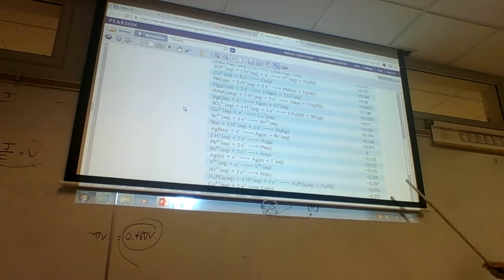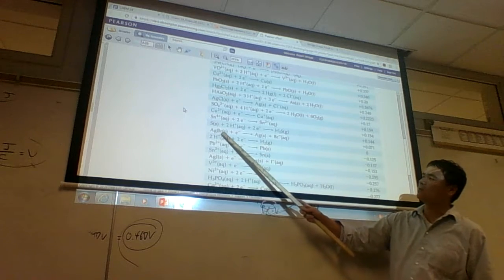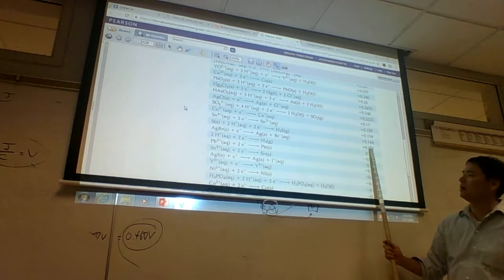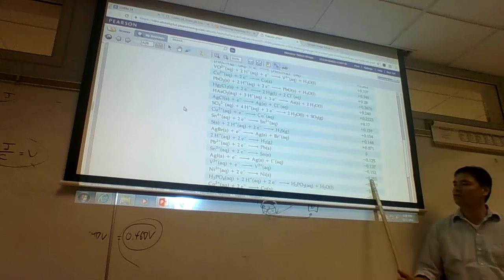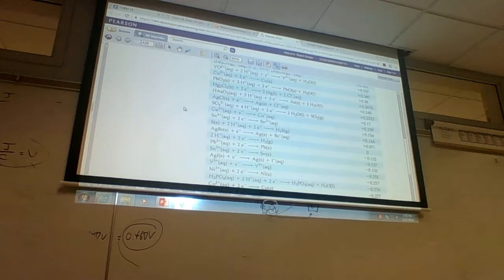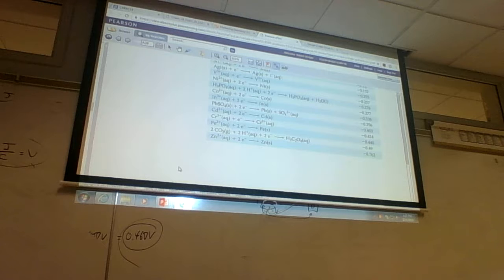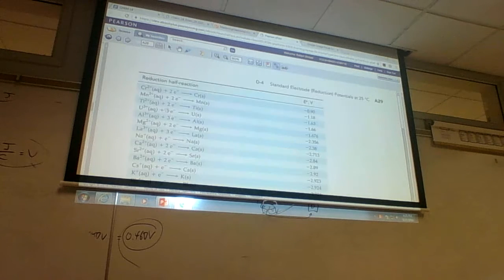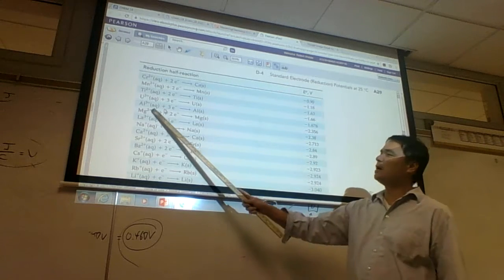Although it's not here, something about 0.05 volts better oxidizer than H plus would be something like silver bromide, a little bit better oxidizer than H plus. And something that's minus 2.2 volts worse than H plus would be comparable to magnesium ion.